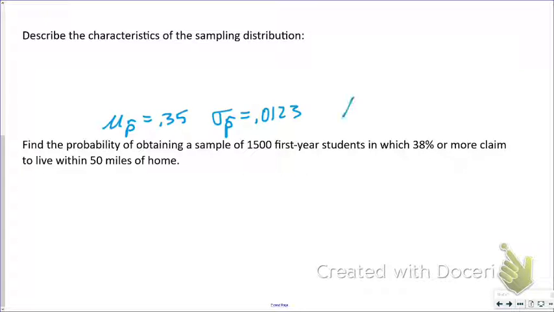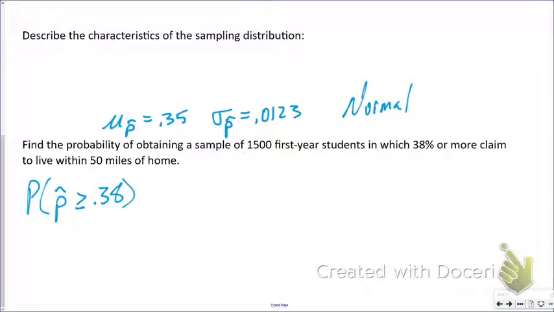We said it's normal. Think about what we could use to solve this probability problem. First of all, I like to write the question in probability notation. It does say or more, implying or equal. That's not crucial. You don't have to write the or equal.